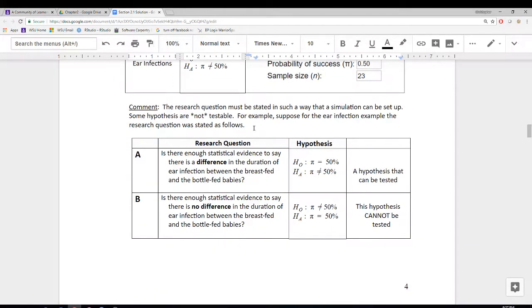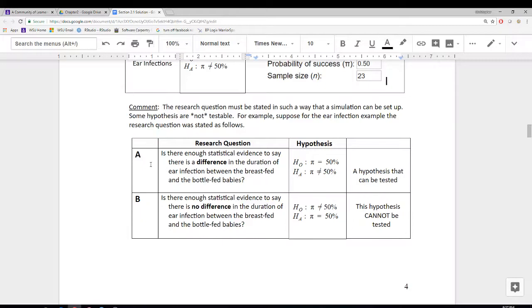Okay, a quick comment. The research question must be stated in a way that a simulation model can be set up. Some hypotheses are actually not testable. We cannot do a hypothesis test in some situations. Let us consider the ear infection example.